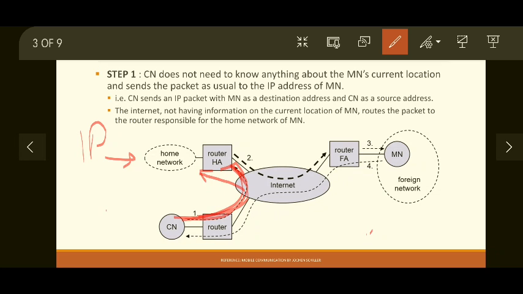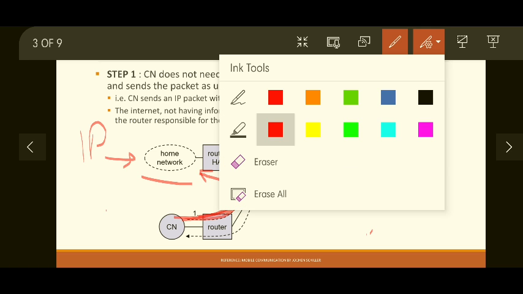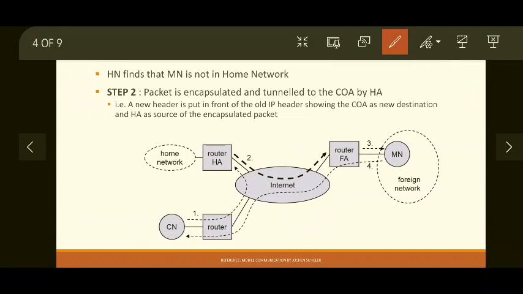Now this router will accept this packet because from the destination address mentioned in the packet, it will come to know that this packet belongs to my network, which is called the home network in our case, and it will accept that packet. Now what happens next? In step 2, the home agent finds that the mobile node is not in the home network. When the home agent accepts the packet, it tries to deliver the packet within the network.